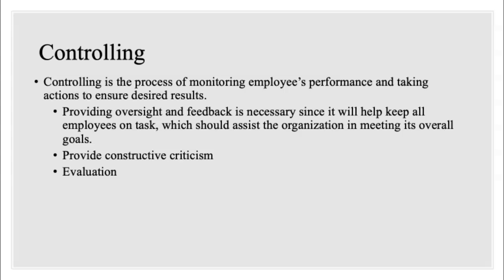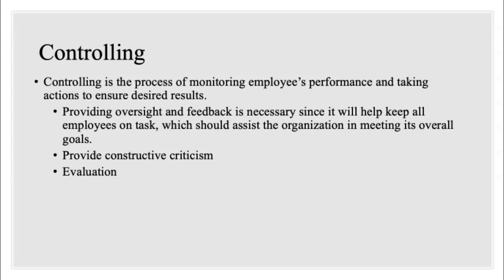The last function in management is called controlling. Controlling is the process of monitoring employees' performance and taking action to ensure the desired result. We have the plan. In the plan, we set the goal, we set the objective. We also develop ideas on how we'll be able to achieve this goal and objective.